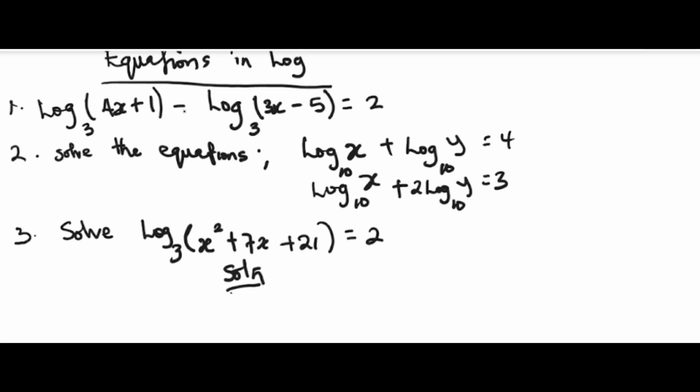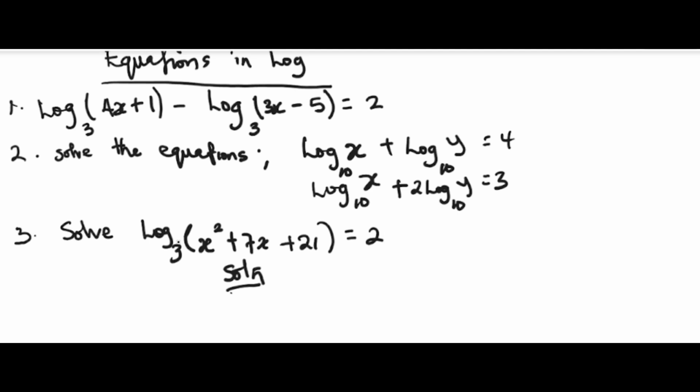All right. So looking at what we have on that left hand side, given that there is a common base, which is base 3, we're going to have 4x plus 1 over 3x minus 5 is equal to 2. Now, what do we do?